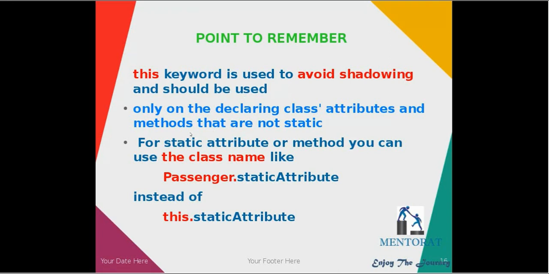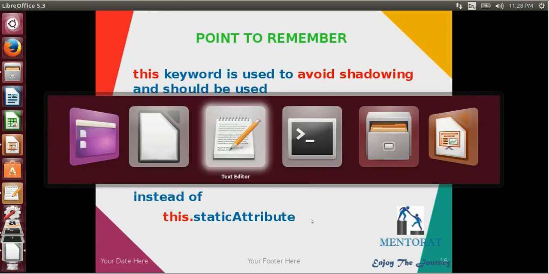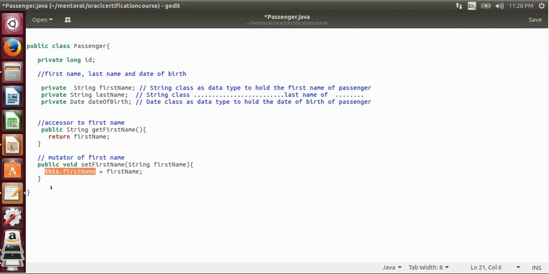For static attributes or methods, you can use the class name, like Passenger, directly with the name of the attribute instead of this with the name of the attribute. So we come back to here. Fine, we'll do the same for our last name: public String getLastName. So we return lastName.